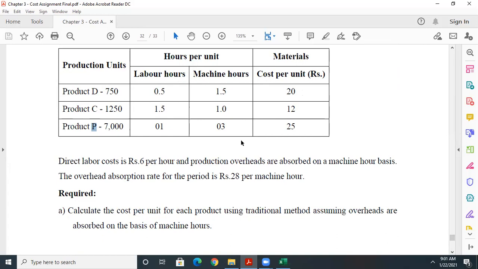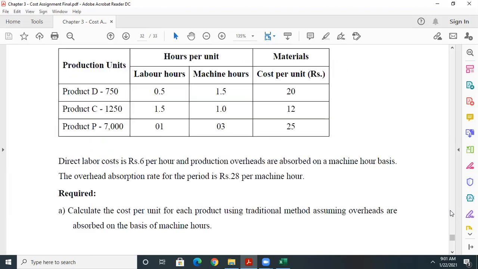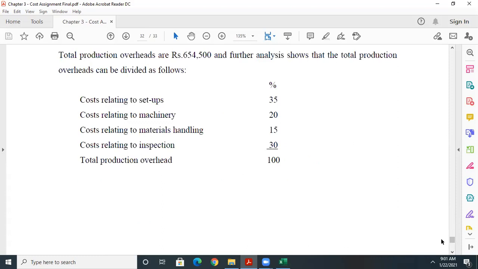But I would say that it's a kind of a waste of time. It takes more time, but it's not inaccurate, it is correct. So you may get to the same answer. Okay, give it a try. Cost under ABC.